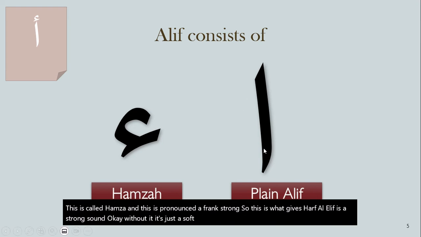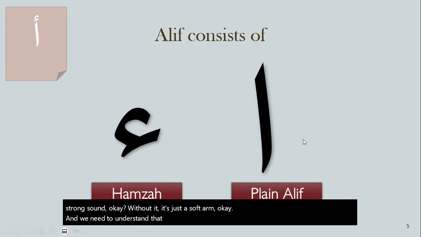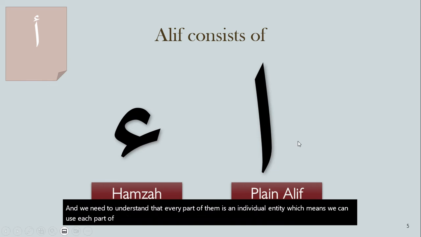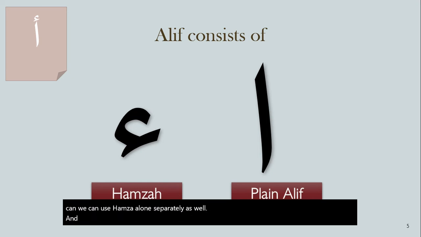And we need to understand that each of them is an individual entity, which means we can use each part of them separately. We can use the plain alif separately without the hamza, and we can use hamza alone separately as well. And in the future, we will talk a lot more about hamza in detail, so we need to remember it.